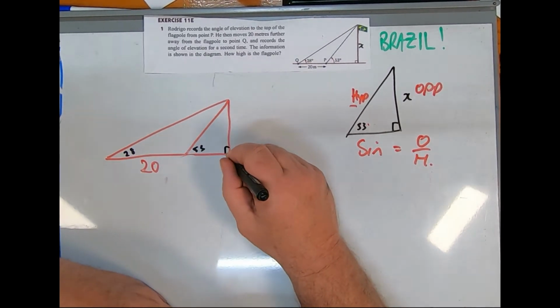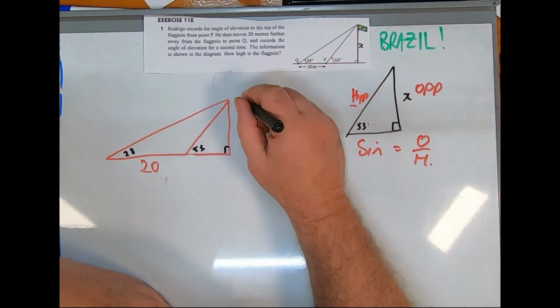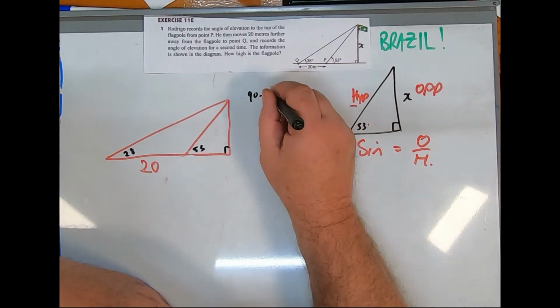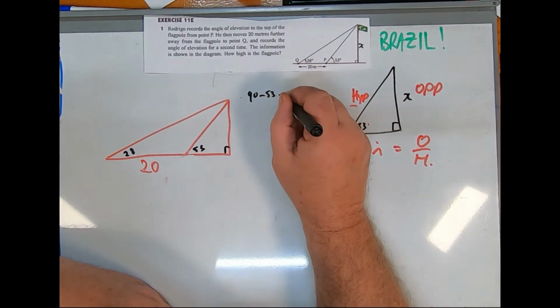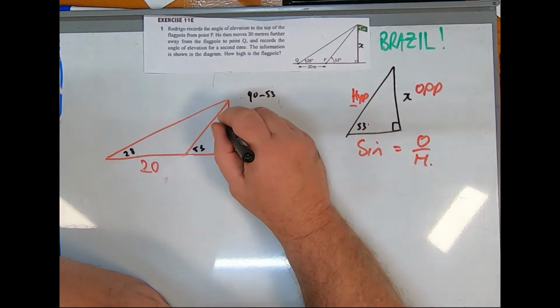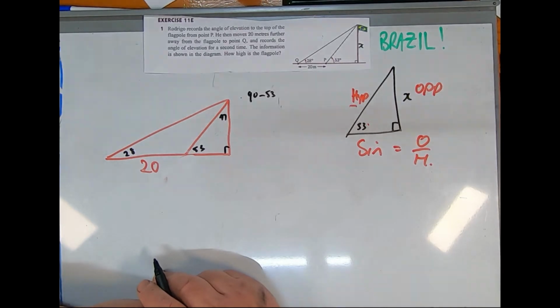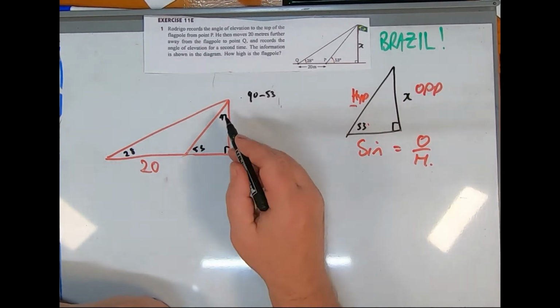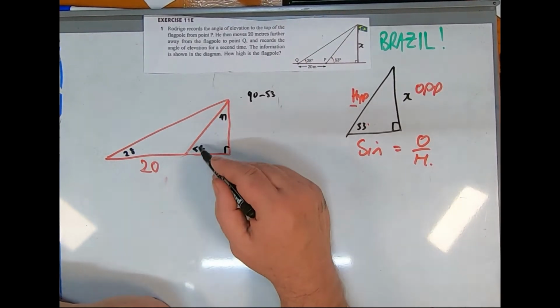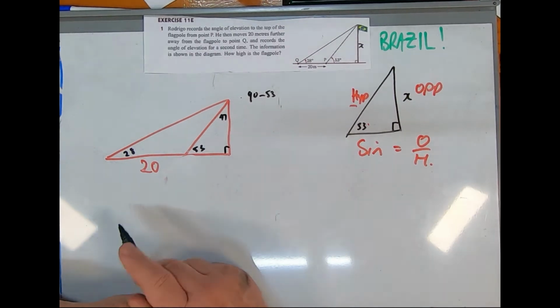If this is 90 degrees and that's 53, this one at the top is going to be 90 take 53, which is 47. Okay, 47. This one and this one have got to add up to 90.